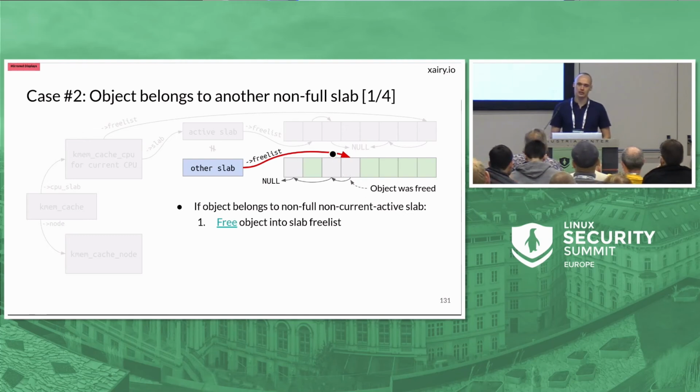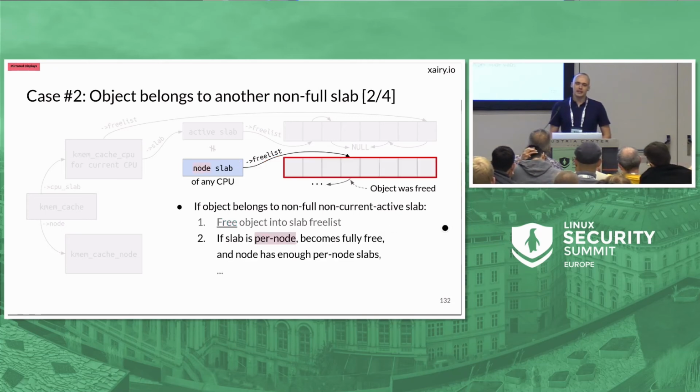So for this other slab, regardless of what kind of slab it is, we always have this per-slab free list, and the object slot that was just freed gets put first onto the free list. And then an additional thing that happens, and this is only applicable to per-node slabs. So if it was a per-node slab and the slab becomes fully free after this last object was freed from it, it might be that the slab is going to be freed directly to the page allocator immediately.